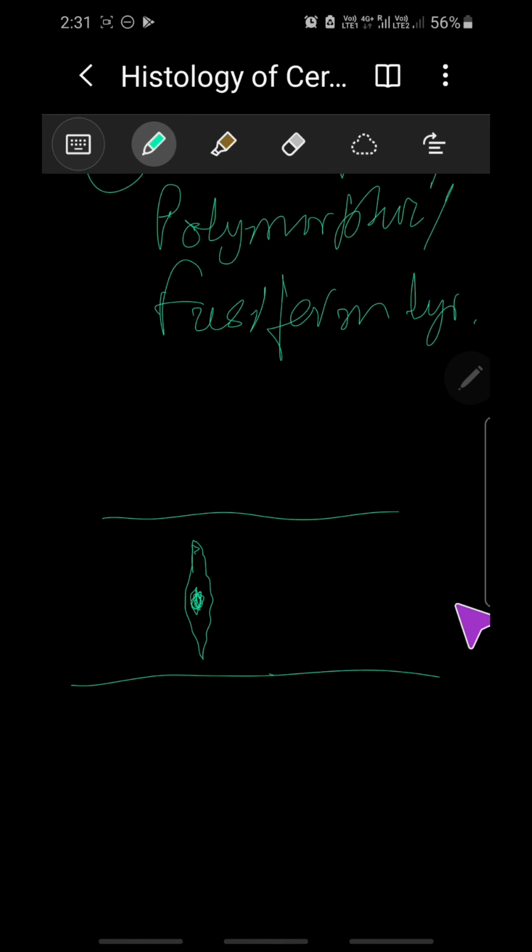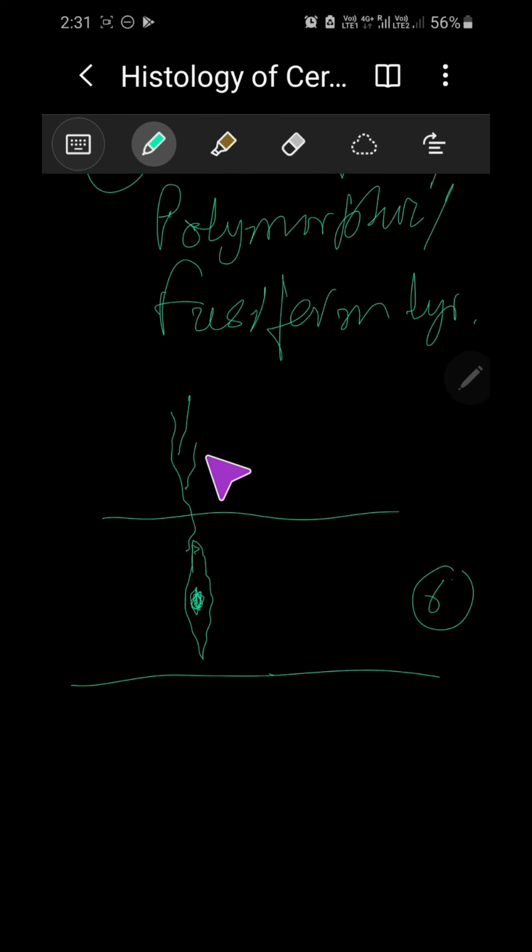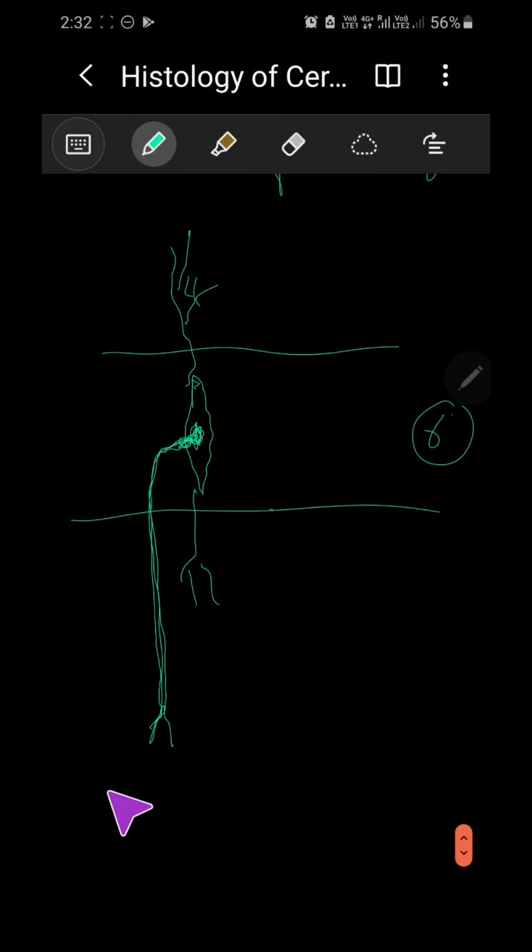They are vertically placed, their dendrites project out from the two ends, and the important thing is their axons will descend down from the base or the center of the cells. These are the axons. This is how you find this cell, and this cell is called the fusiform cell.